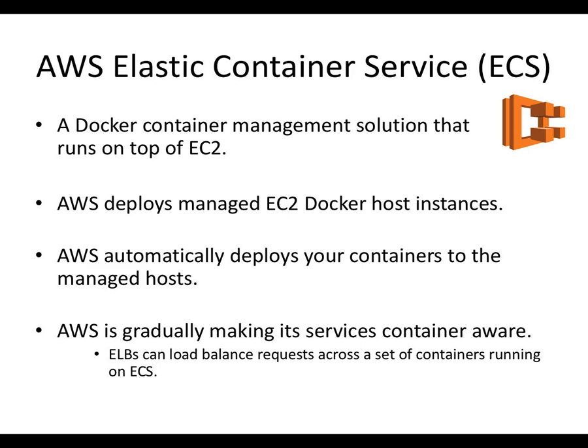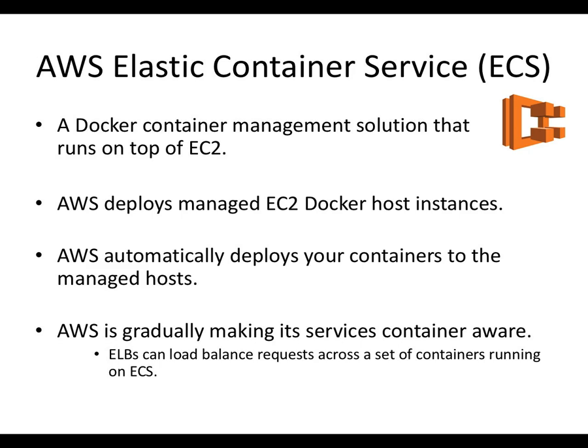ECS is managing some of that process for you. With ECS, you can create an image and tell ECS that you want to deploy this image on a host. ECS then will automatically spin up an EC2 instance running the Docker engine.